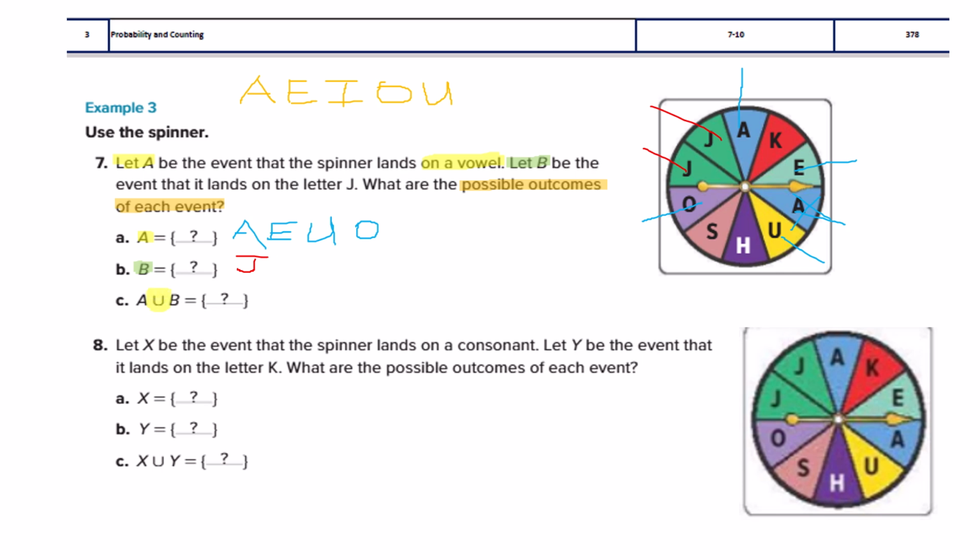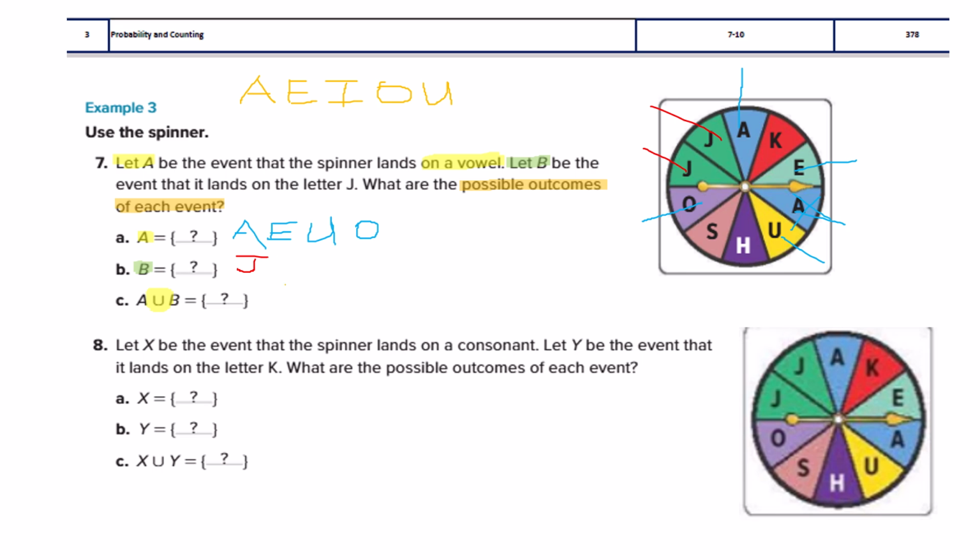So this tells us that there is a union between A and B. What does union mean? Union means the combination, right? Where you got to add up all the events of A and all the events of B.